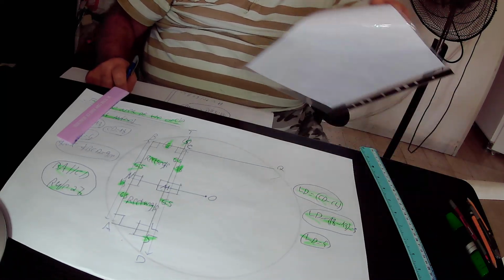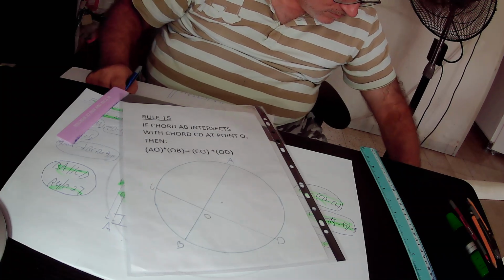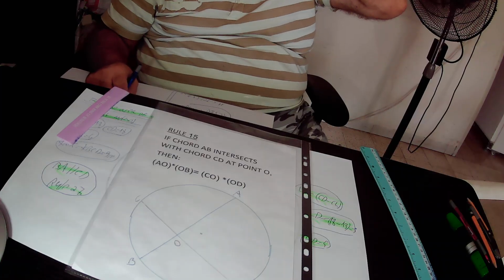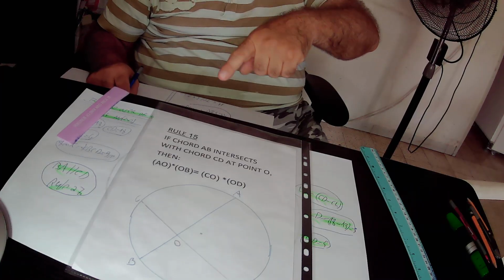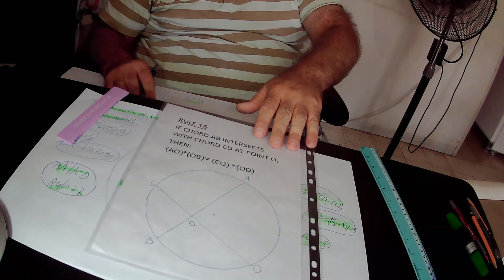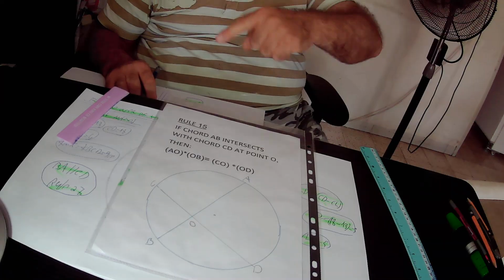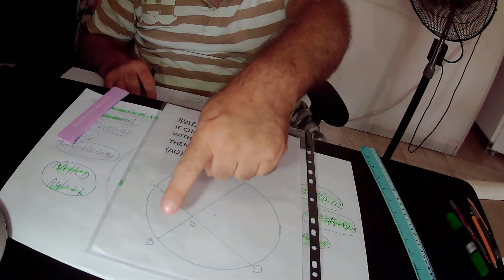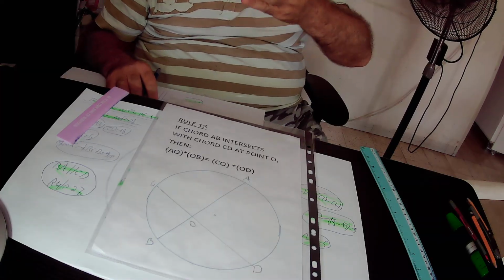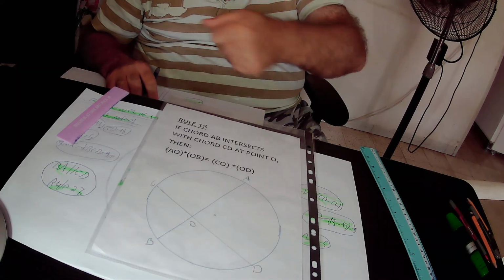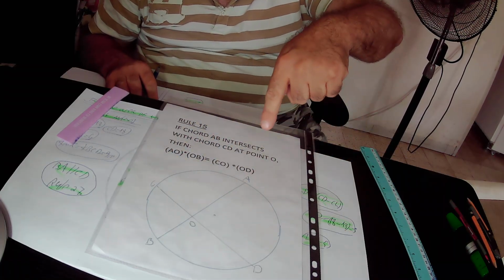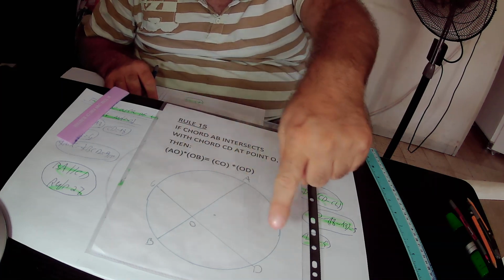According to Rule 15, if chord AB intersects with chord CD at point O, then the following equation is true: AO times OB equals CO times OD. Again, AO times OB equals CO times OD.